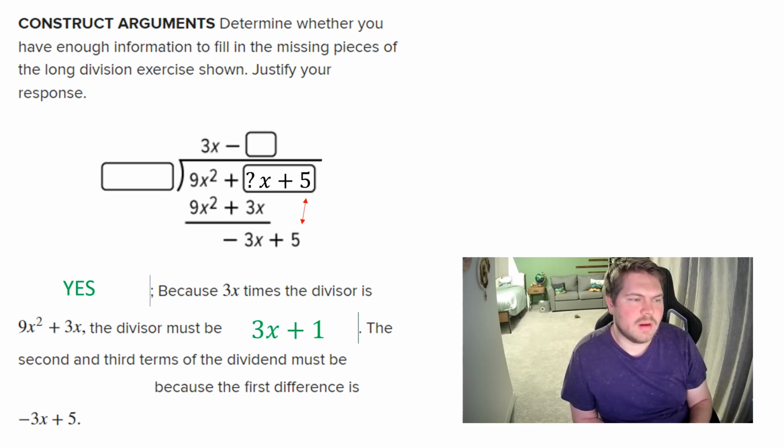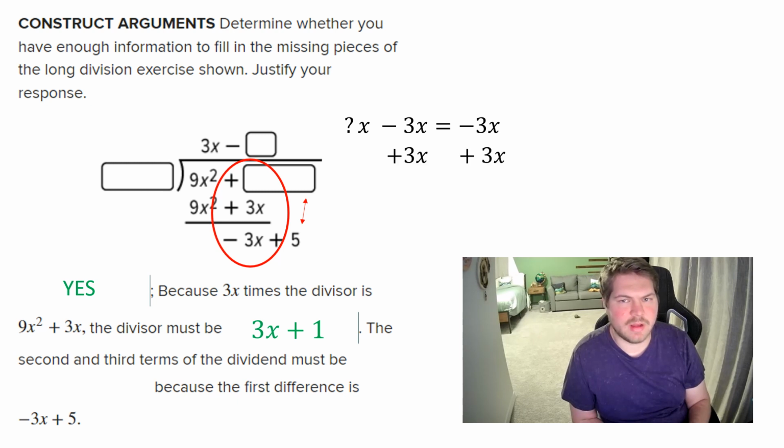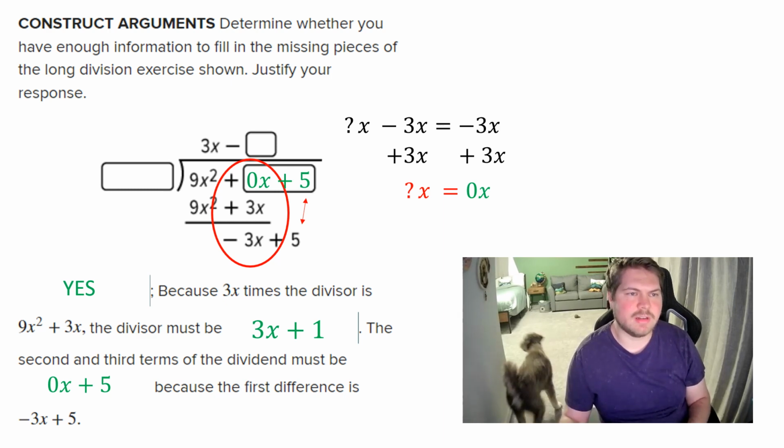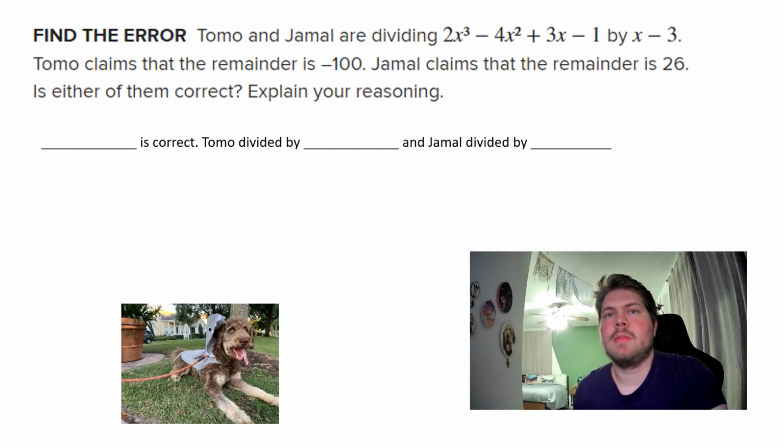All right, so now we need to consider what's happening right here. So something x minus 3x is giving us negative 3x. Well, that, if we think about it, is just 0x. So right in here would be 0x plus 5. So very doable.